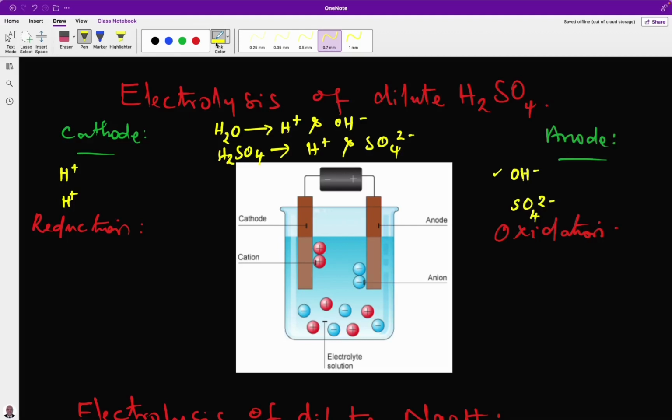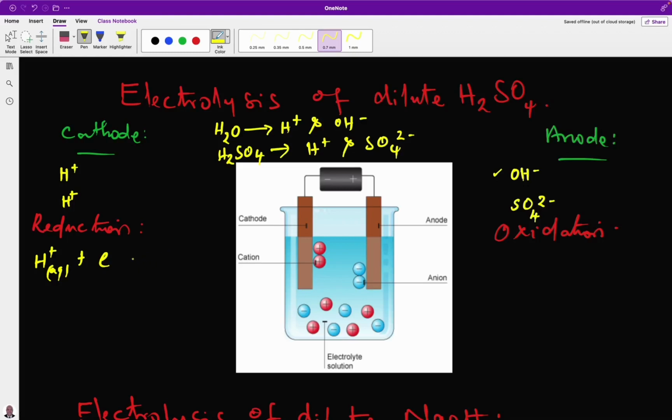Oxidation is loss of electron and reduction is gain of electron. So what is happening? Hydrogen needs to gain the electron back. So we have the hydrogen ion plus electron to give what?